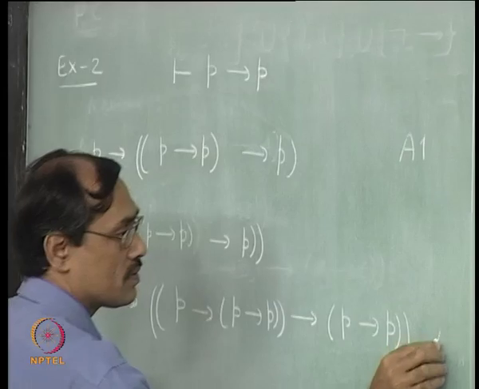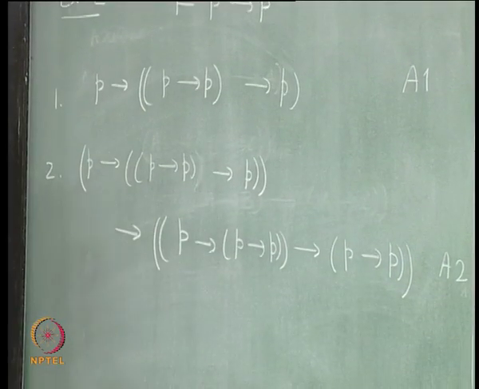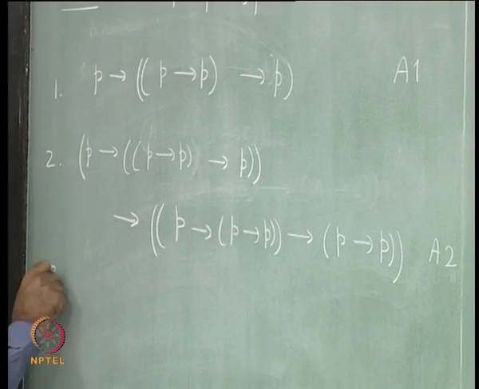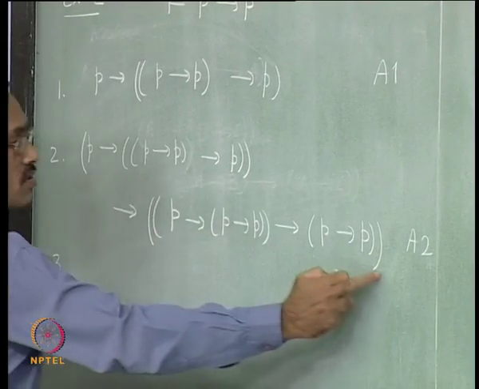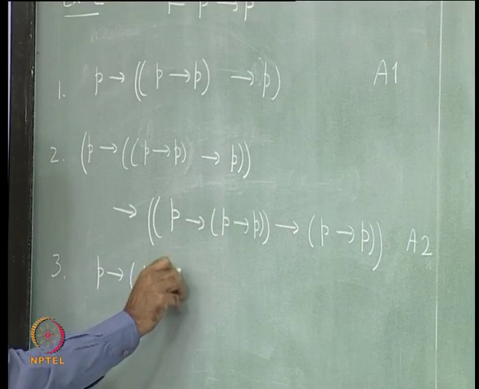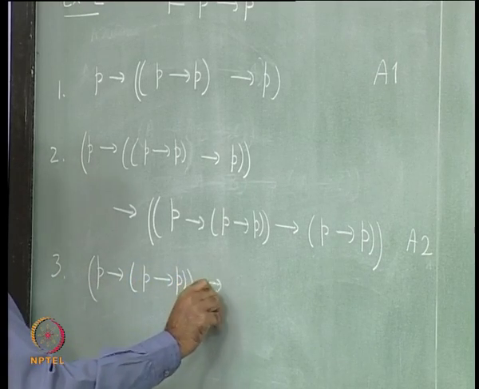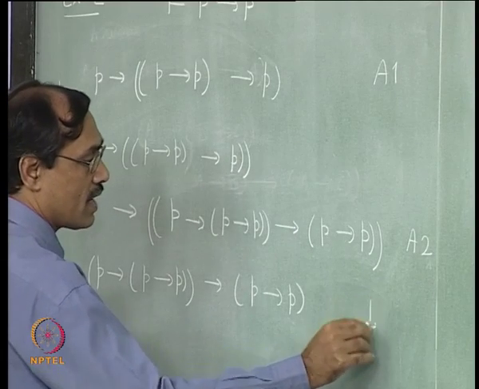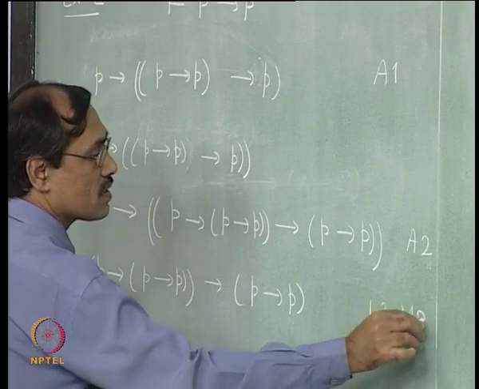This is axiom 2. Then we use modus ponens to get this, which is (P implies (P implies P)) implies (P implies P), which is 1, 2 modus ponens.